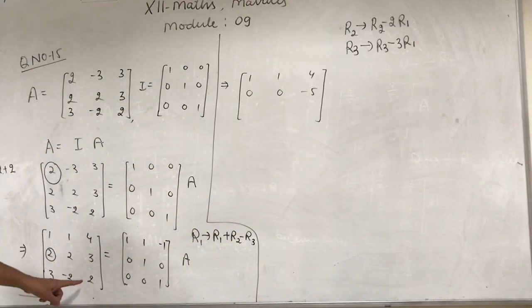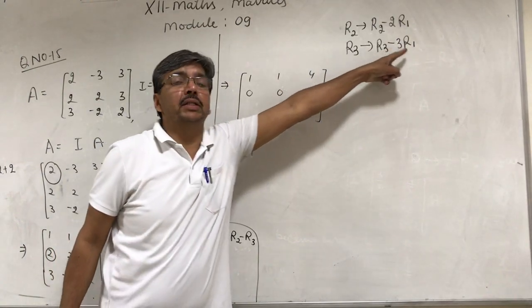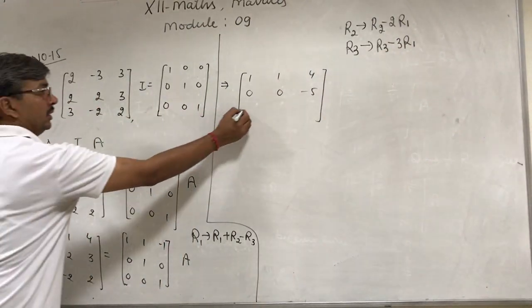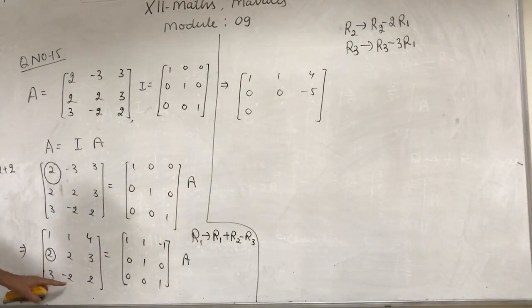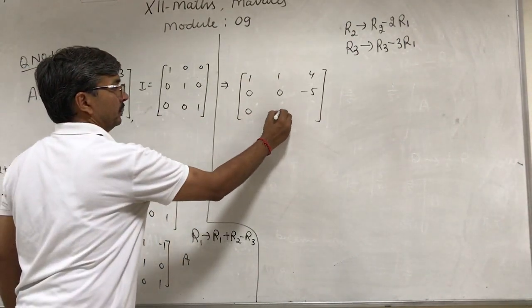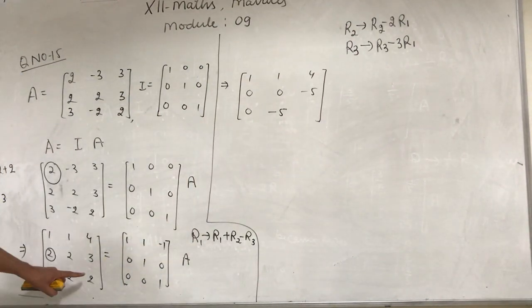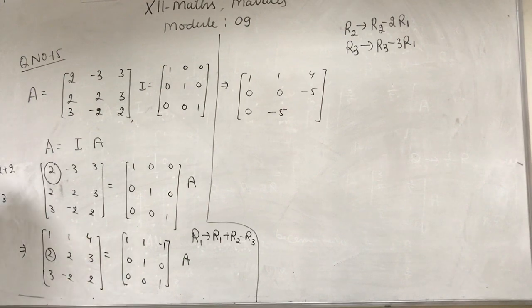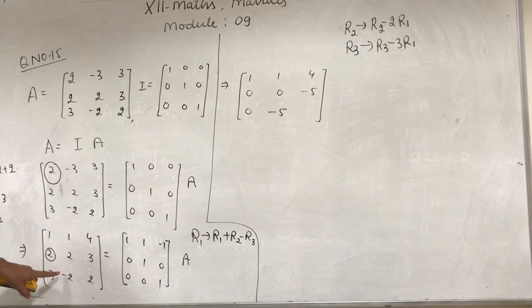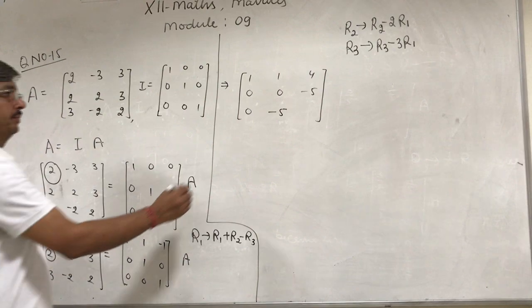Now change R3. R3 minus 3R1. 3 minus 3, 0. Minus 2 and minus 3, minus 5. And 2 minus 12, 4 into 3, minus 10.